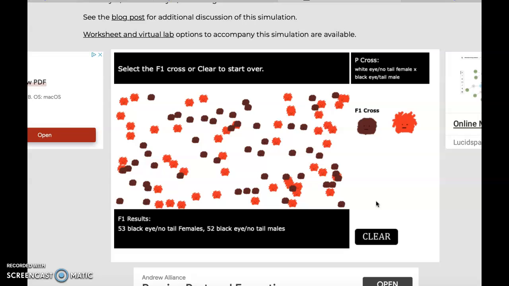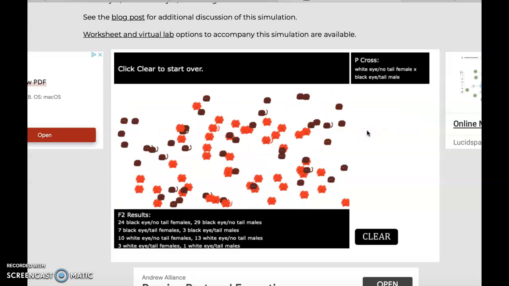So no tails is dominant and black eyes is dominant. Okay. Now you can select the F1 cross. So we have a male and female, and now we have the F2. Now the F1 would actually be a dihybrid. The black would be heterozygous, and the no tail is heterozygous, which gives us a dihybrid cross for the F2.